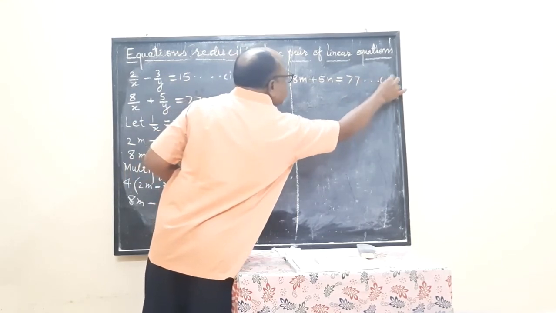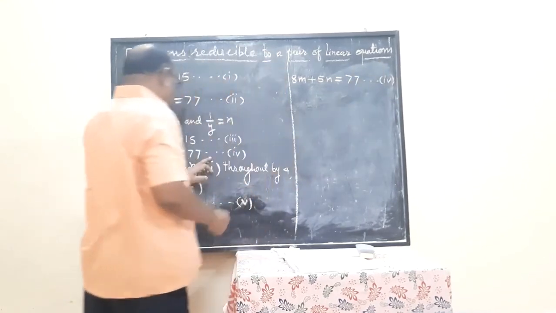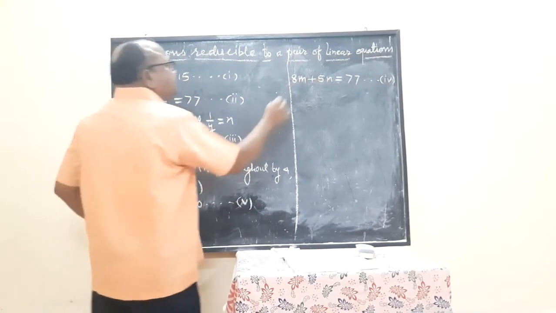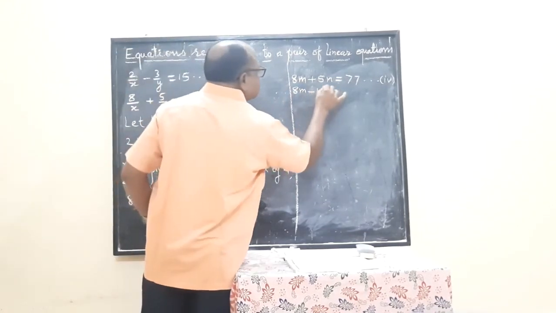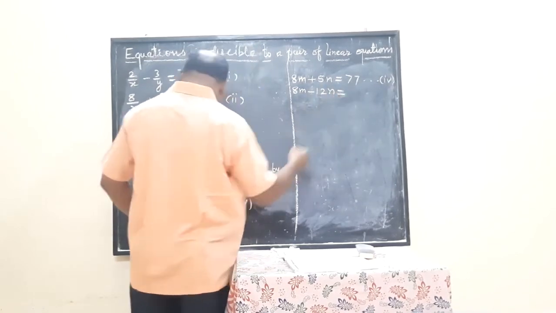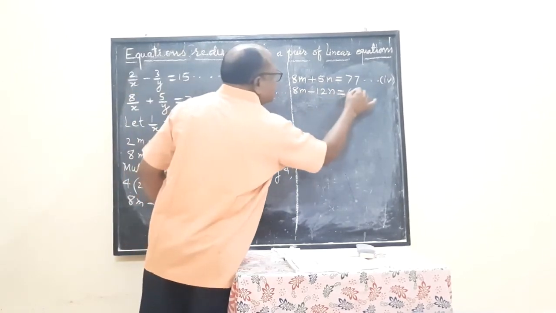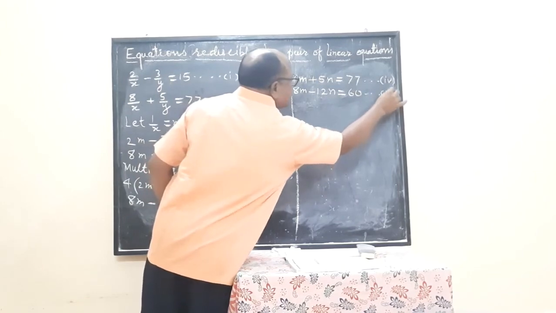This is equation number 4. 8m minus 12n equal to 60. This is equation number 5.